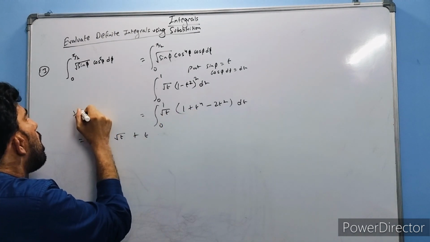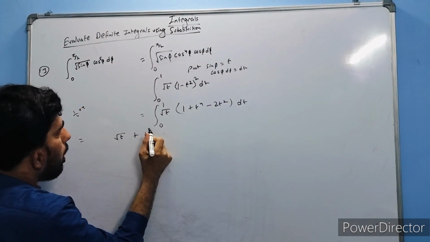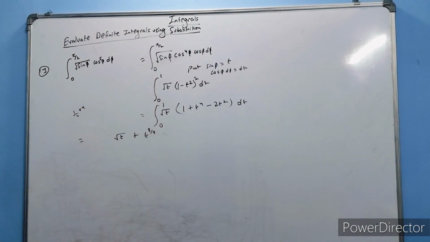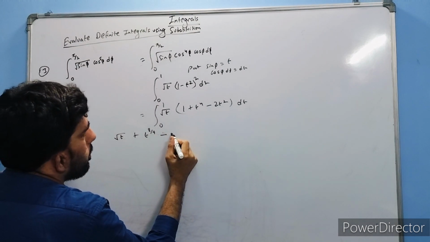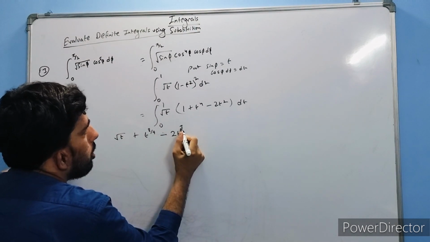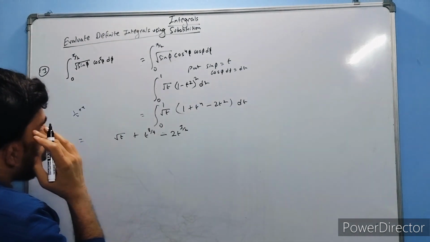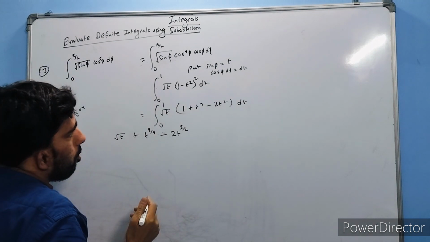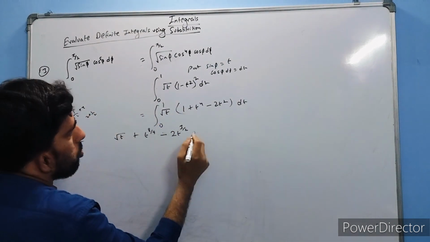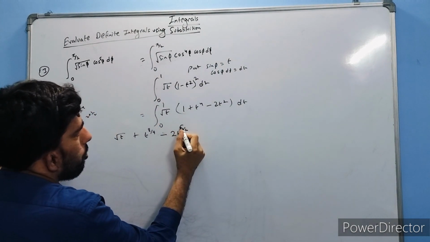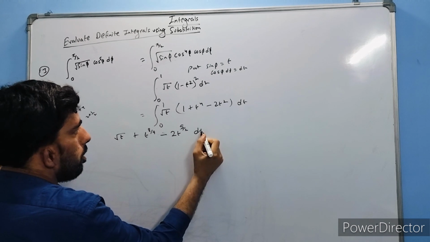Okay, so half plus 4, 8 upon 9 I have. Okay, 8 upon 9 minus, if I do this, 2t 3 by 2. Okay, 2 plus half, I am doing, no, 5 by 2, sorry. It will be 5 by 2 dt.